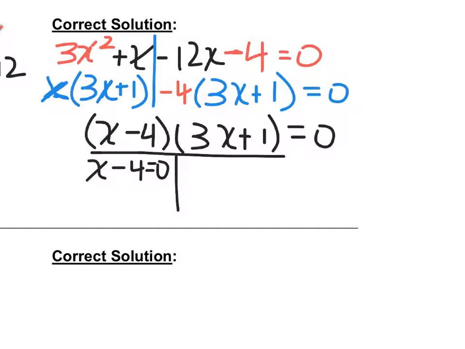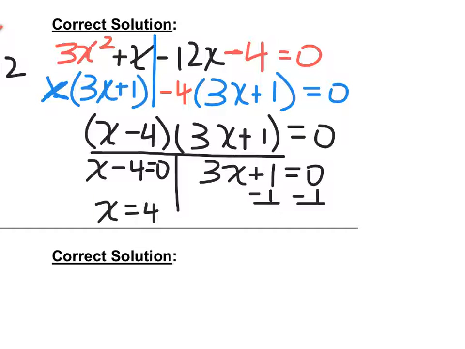When you have a simple linear equation with no coefficient, you can just reverse the sign and be good to go. When you have a coefficient, you might want to take the time to do the extra step. So 3x equals negative 1, and when I divide by 3, x equals negative 1/3.